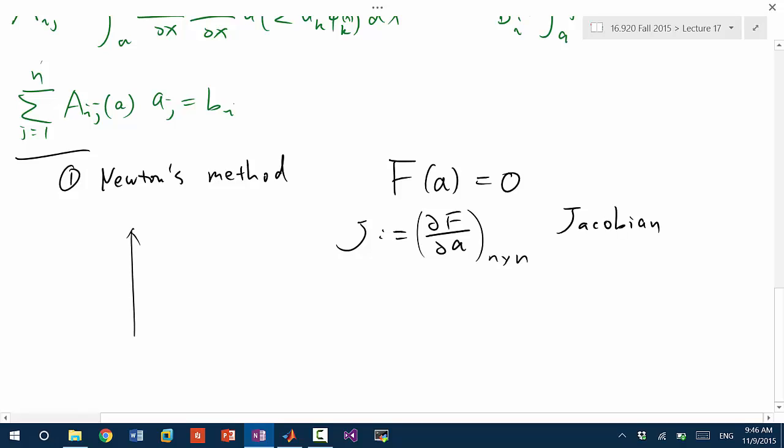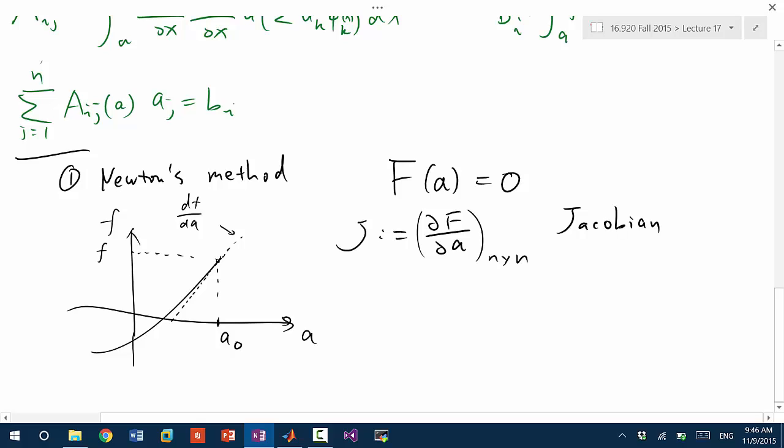In one dimension, the way to find the root of a function, let's say small f as a function of a one-dimensional a, is starting from an arbitrary a0, take the gradient or derivative of this function f. Let's say the slope is df/da.